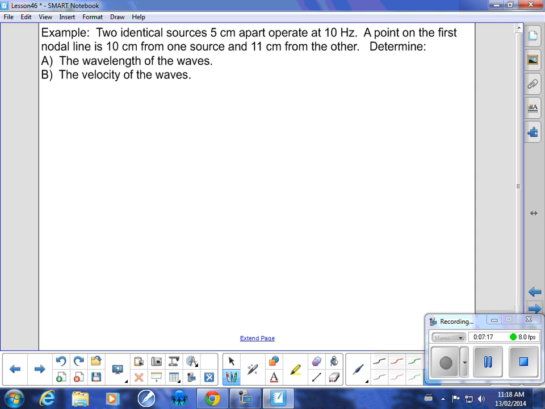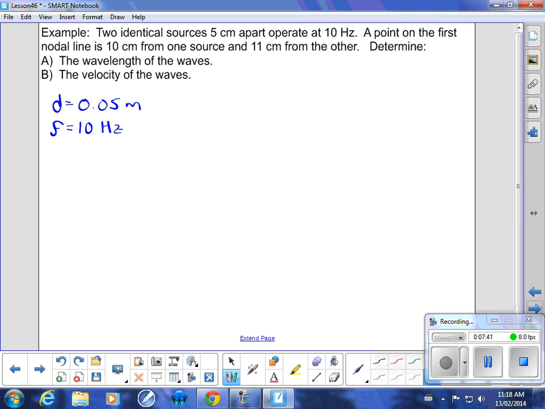Two identical sources, 5 centimeters apart. That's providing me with my d value. You need to make sure you convert that to meters again, everything in SI standard. They operate at 10 hertz, so we know a frequency, and I'm going to write that down. At a point on the first nodal line, 10 centimeters from the source.